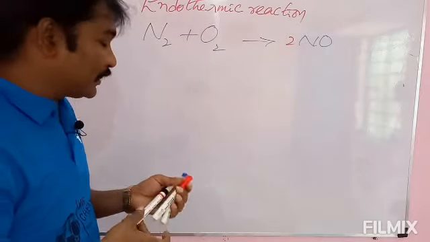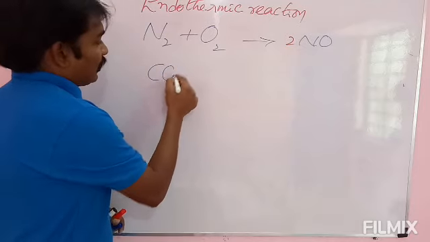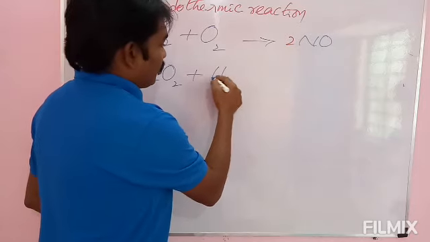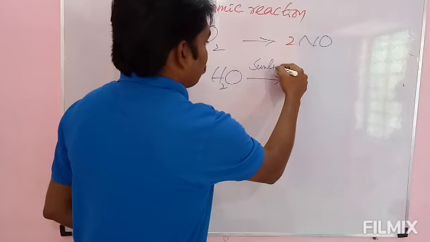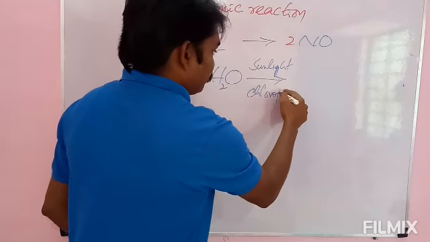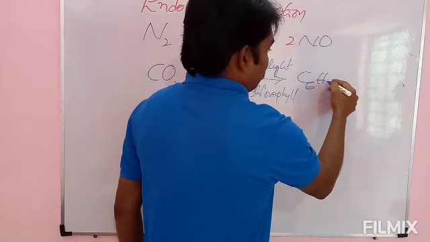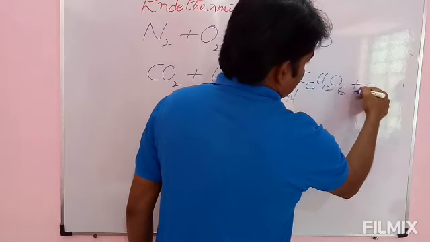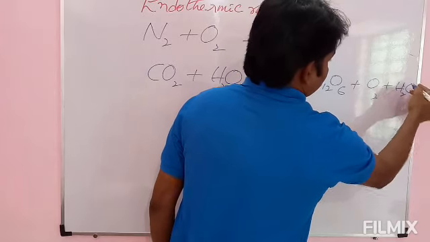Photosynthesis also comes under endothermic reactions. What is photosynthesis? Carbon dioxide reacts with water in the presence of sunlight and chlorophyll, and it forms C6H12O6 plus O2 plus H2O.